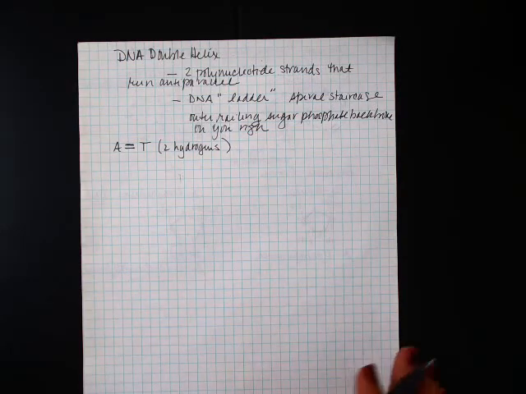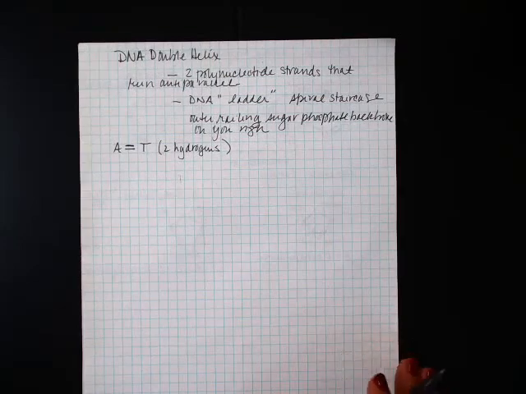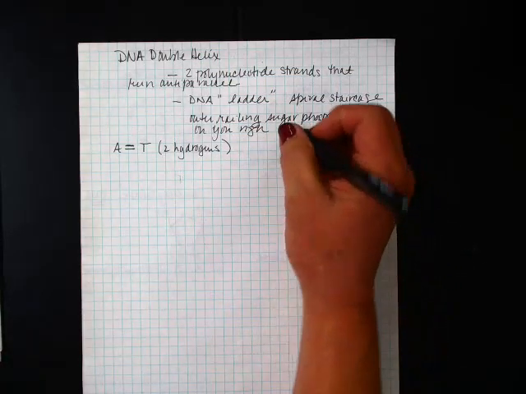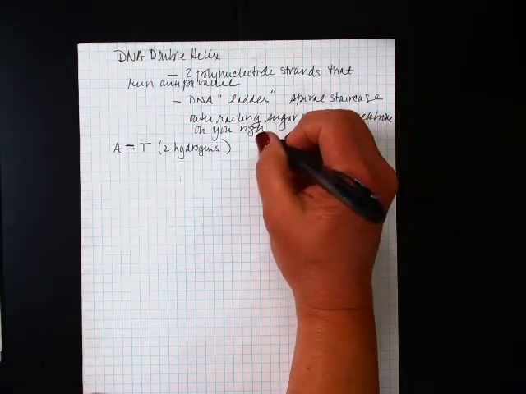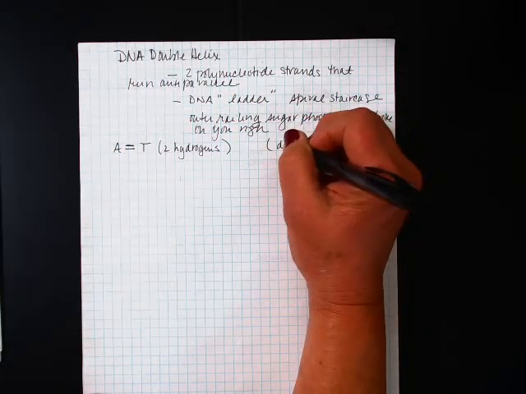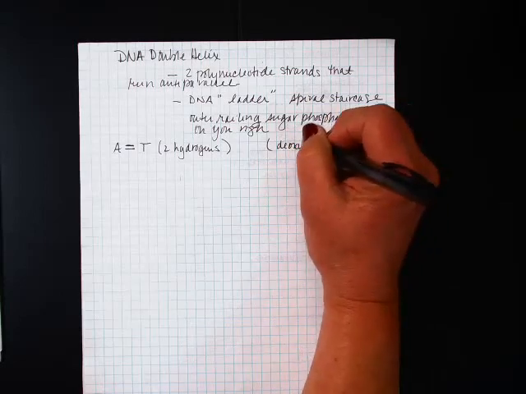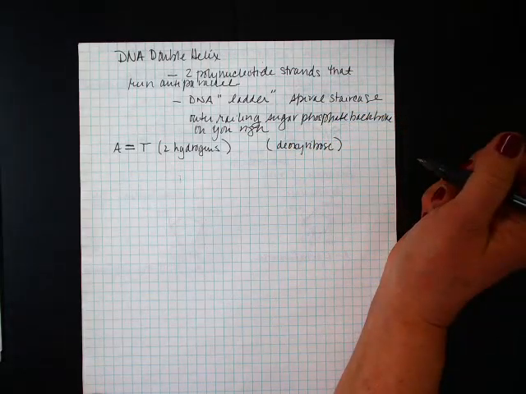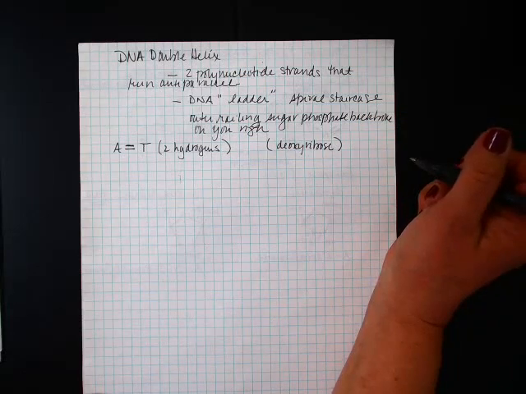Now, these are going to be deoxyriboses because they're in DNA. I'm not drawing the sugars, but they would be attached to deoxyribose. And if I ask you to draw the base pairing, you do not need to include the sugar, just showing the A and the T, for example, with the hydrogen bonding between them.